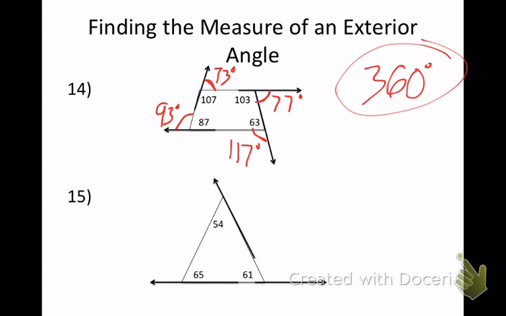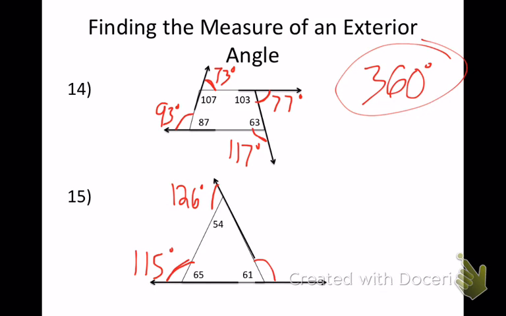Let's try 15. Same idea here. Anderson, this angle right here in red, what's that exterior angle going to be? 115? McCoolidge, this one angle right here. 180 minus 54? 126.